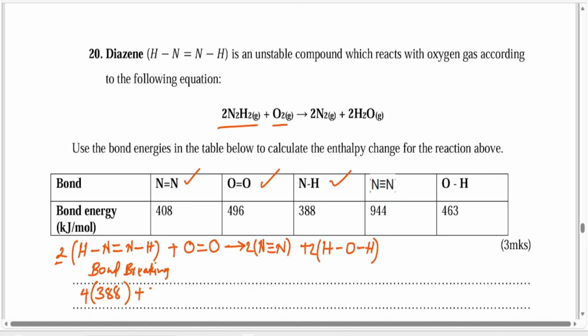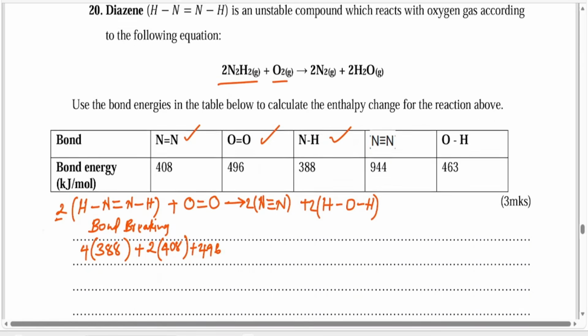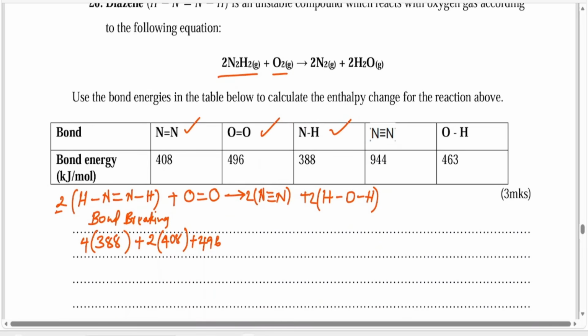So we are going to have 2 into 408, then plus the 1 for oxygen, which is 496. When we work it out, we shall obtain positive 2864.